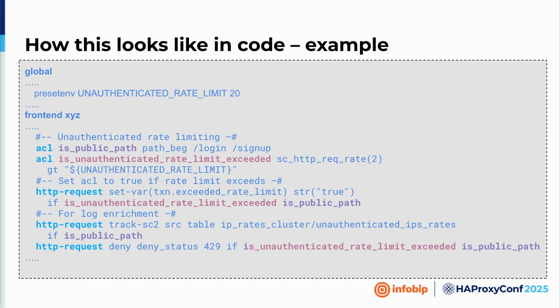Then we define an ACL that will be set to true if that limit is exceeded, then we define a stick table where to store all that, and in the end is the action, which is deny.